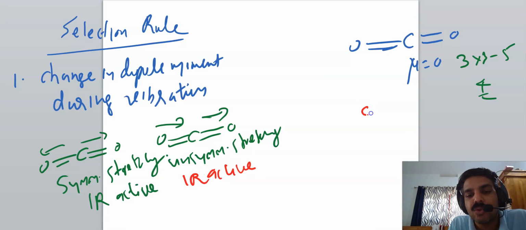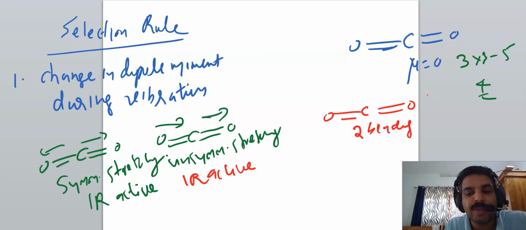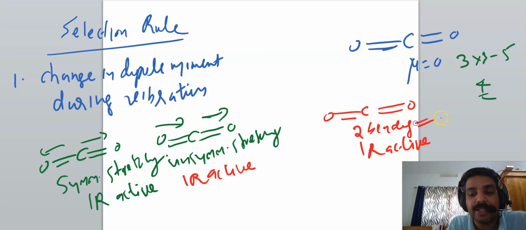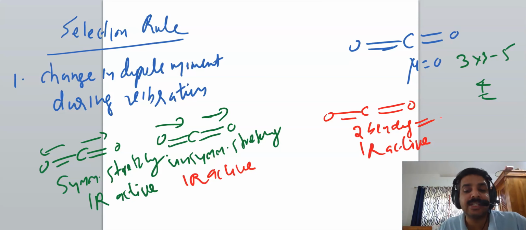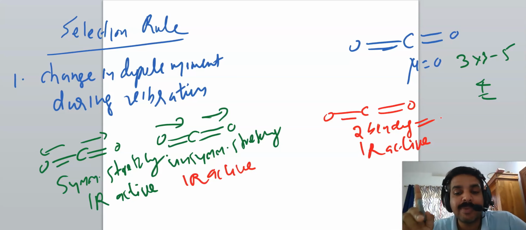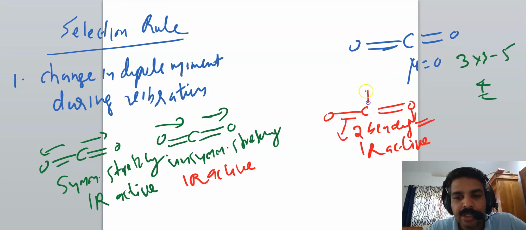And there are 2 bending modes of vibration, in plane bending and out of plane bending, which are also IR active. The bending modes of carbon dioxide are degenerate, and these 2 vibrations are IR active.